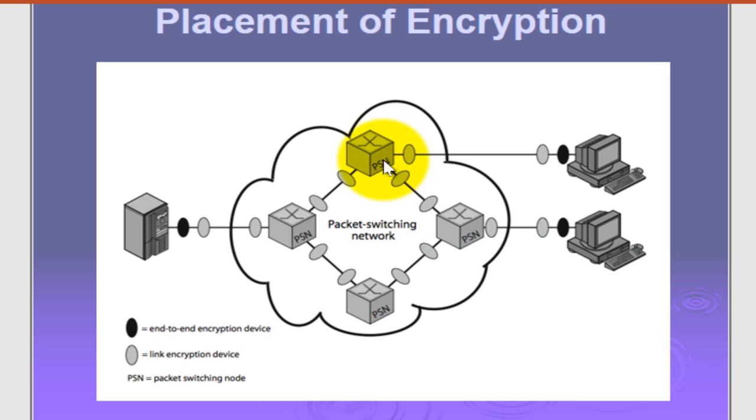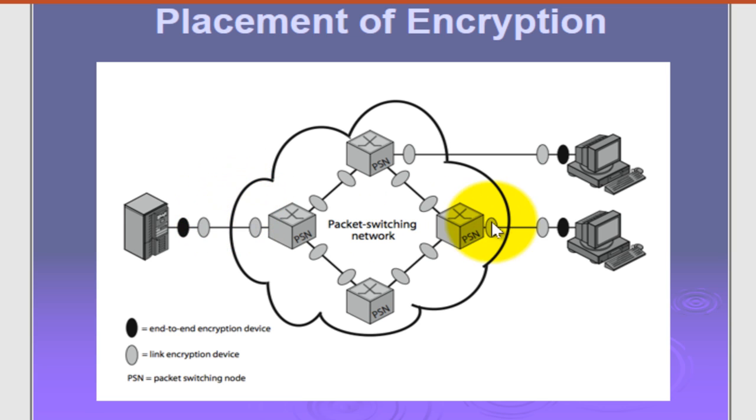So another pair of keys is used, and from this packet switching network to the next one, you have to use another link and a separate pair of keys. Then from this you communicate to the server, and for this also you need to use one link encryption and a separate key is used.